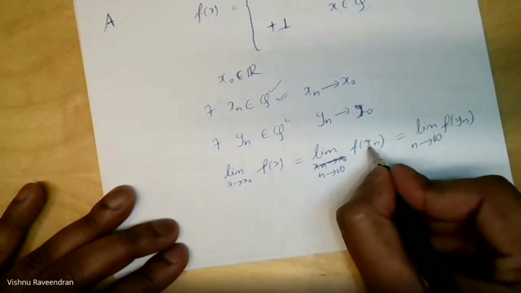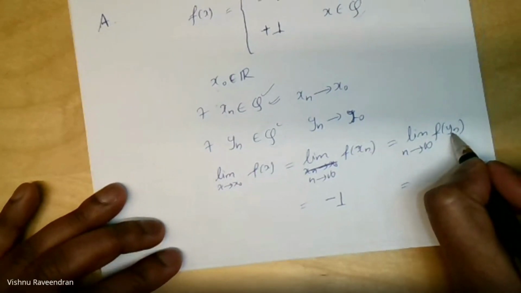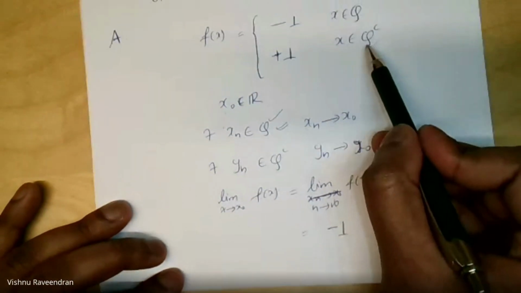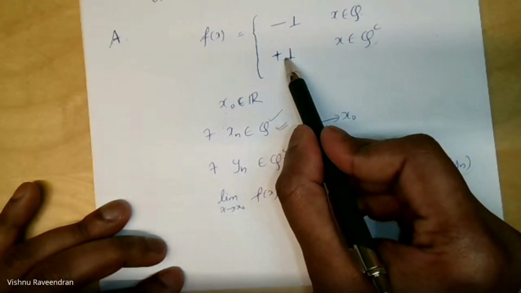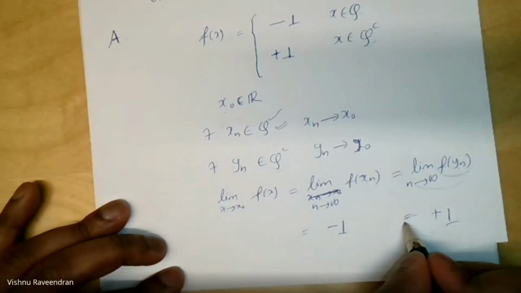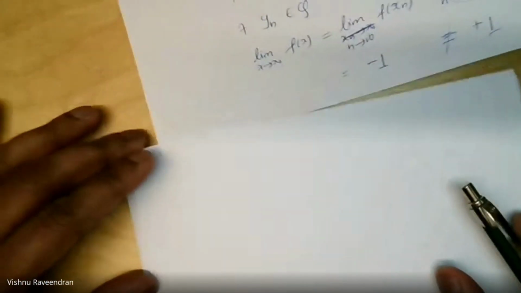So for rational numbers, this value will be -1, and for yn we chose from Q complement, so f of yn will be +1. So the limit will be just +1. So we get -1 equal to +1, which is not true. So we conclude that the limit does not exist.